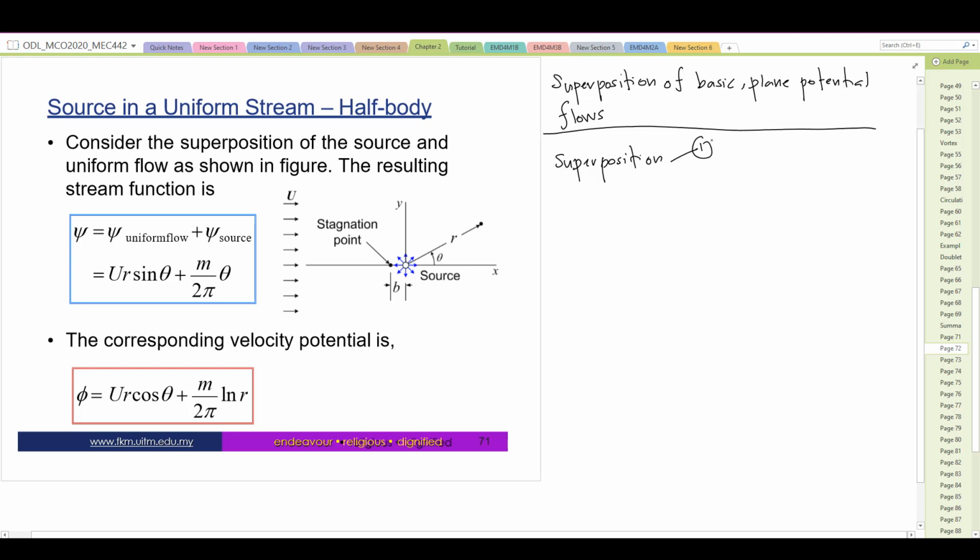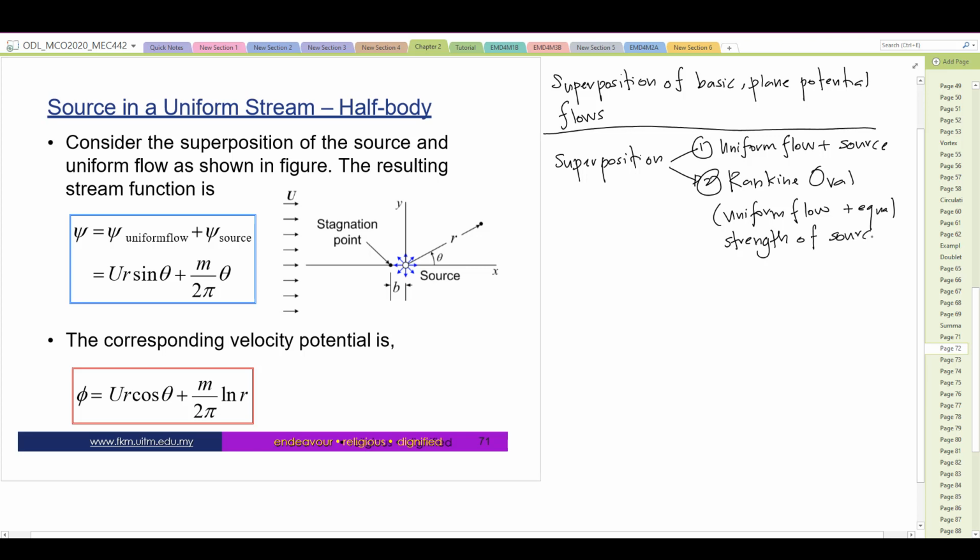One is uniform flow plus source, and then the second one is the Rankine oval, which is uniform flow plus equal strength of source and sink.